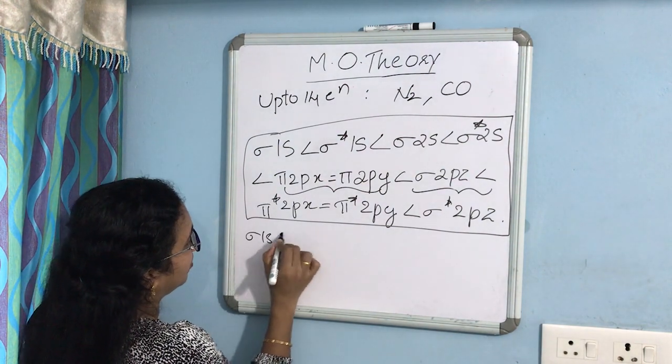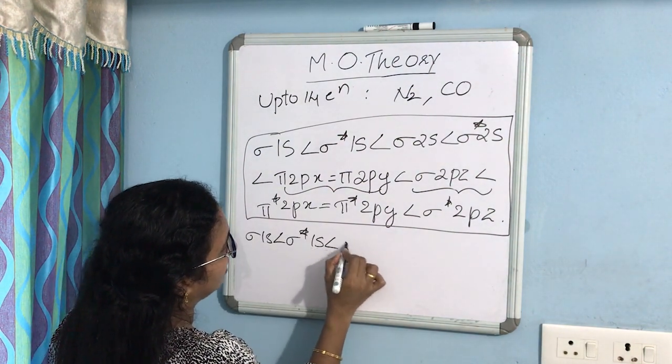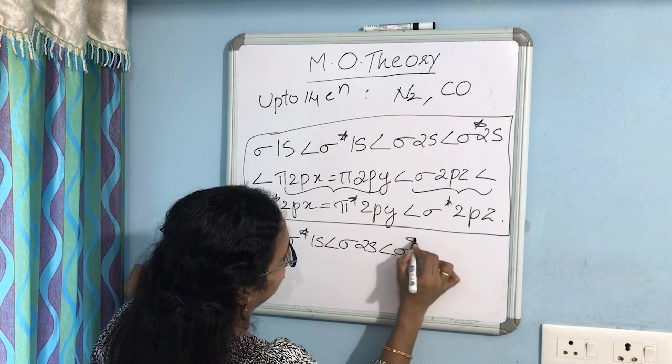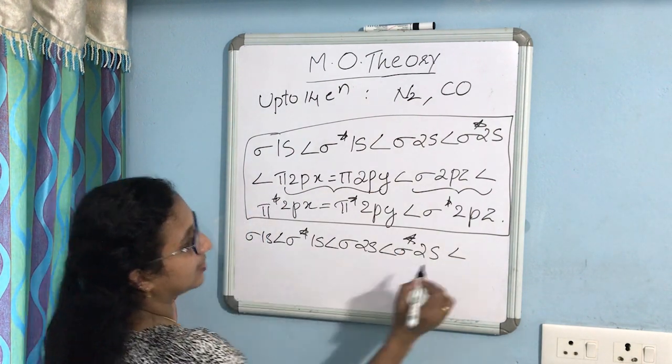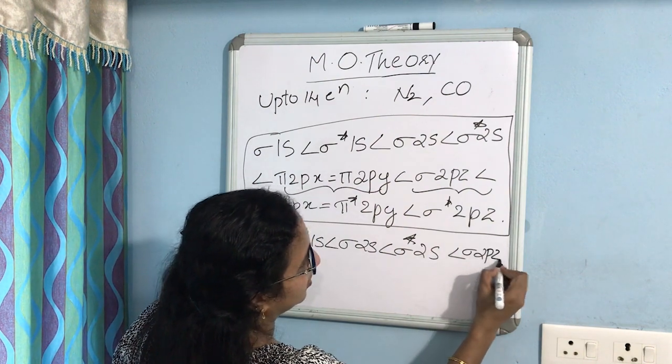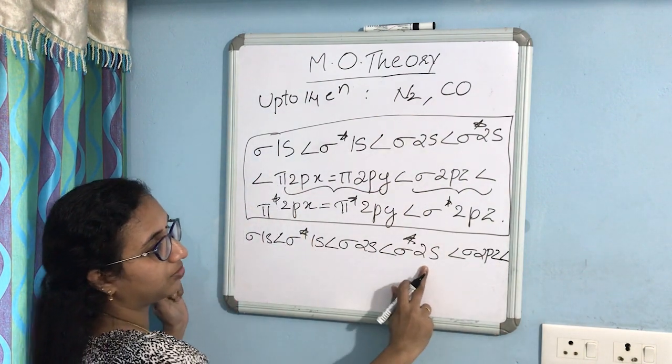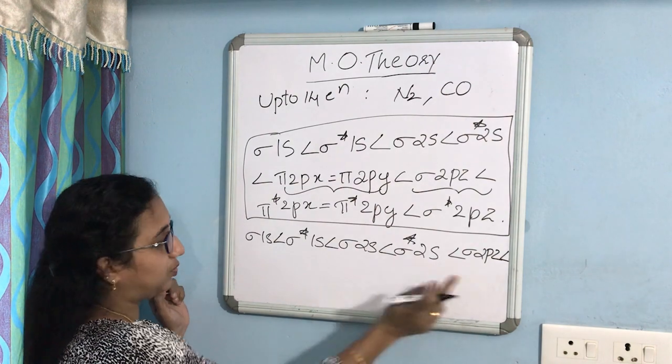That means sigma 1s < sigma star 1s < sigma 2s < sigma star 2s < sigma 2pz. So after sigma star 2s, there comes sigma 2pz.